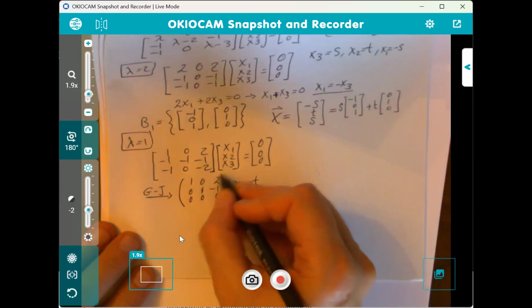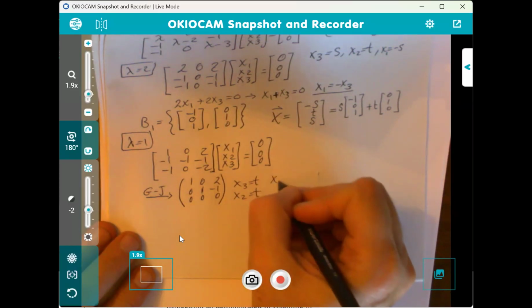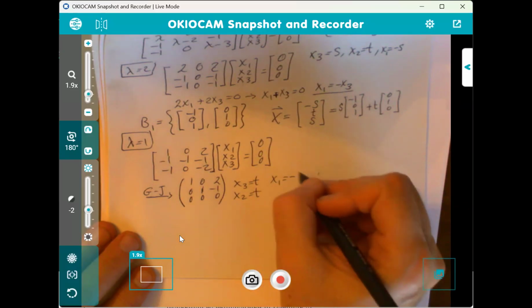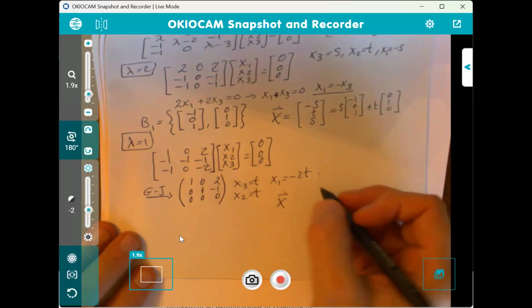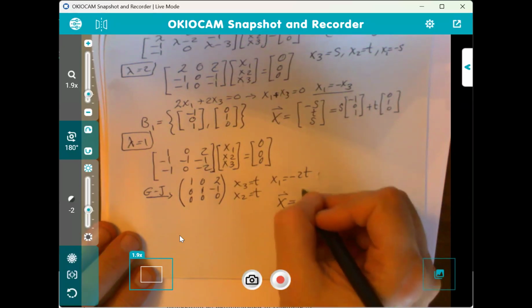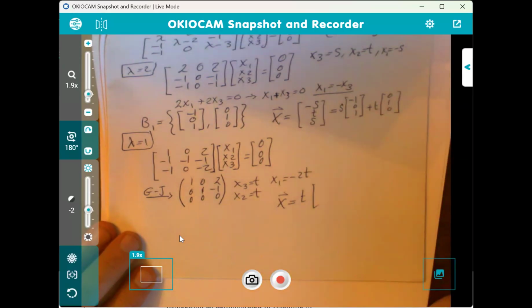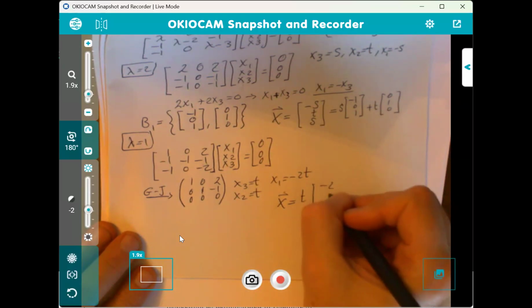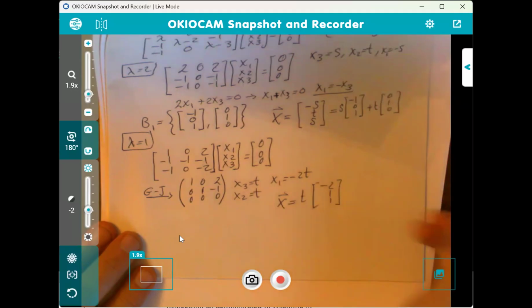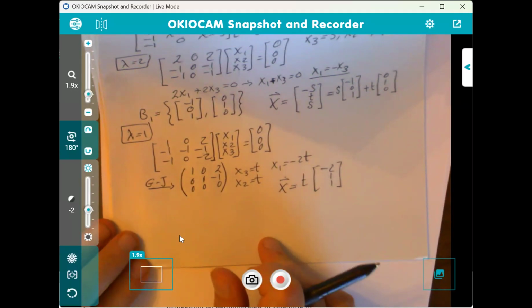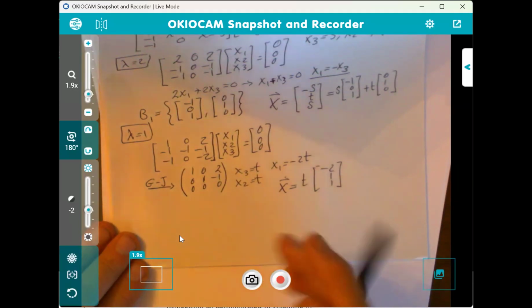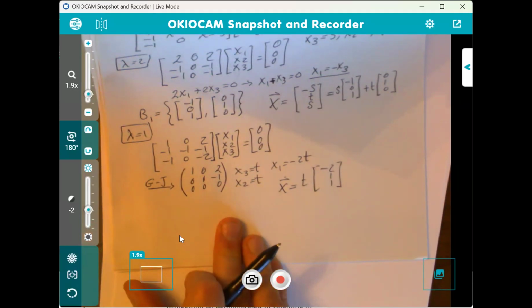And x sub 1, move 2 to the other side, x sub 1 becomes -2t. Put it together: the vector x, factor the t out, and that makes it -2, 1, 1. And here is another basis vector, another eigenvector. And there you have this one.